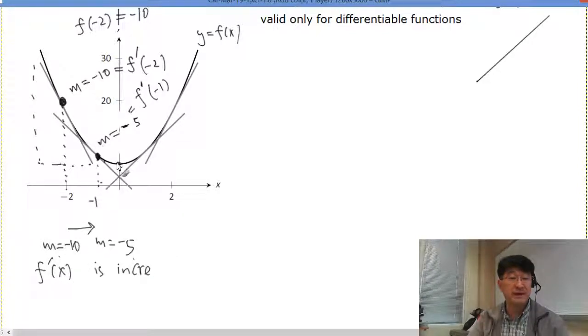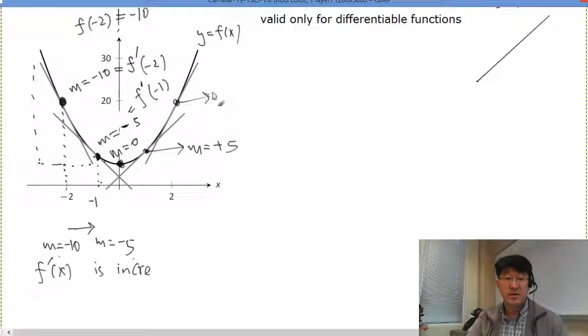How about here at that value? What is the m value there? M equals 0, right? Is that still increasing? -5 to 0, is that increasing? Yes, it's increasing. How about here? Our easy answer is m is +5, and there, m equals +10.